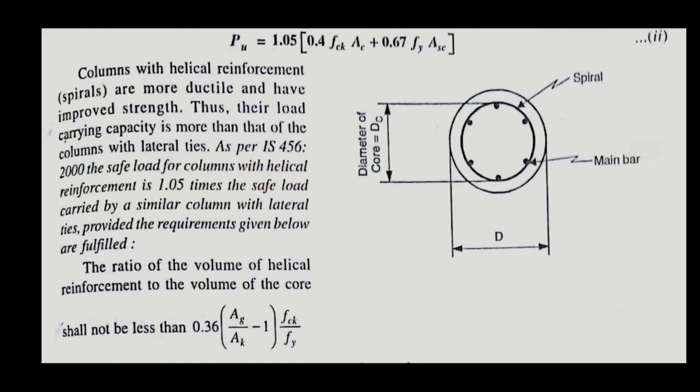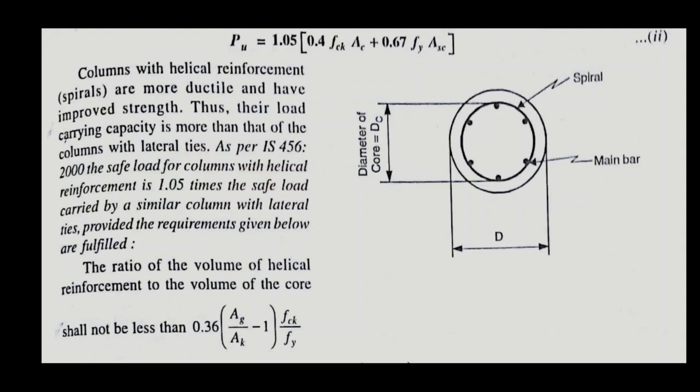On the right side you can see the diagram. This is a cross sectional diagram of a circular column, or a column with helical reinforcement. You can see the core diameter here, and main bars and spiral bars are also denoted.